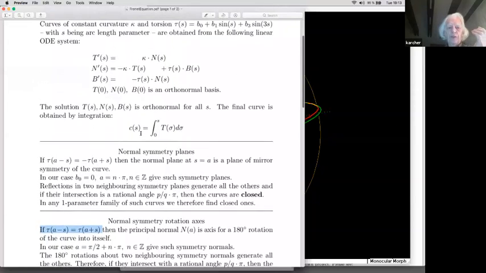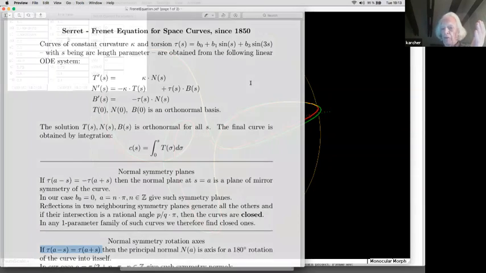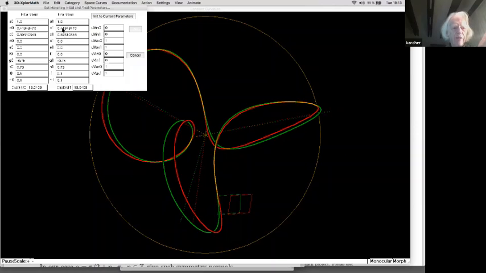So I should show you again. The torsion is this. This is the average value of the torsion, this is the factor of the sine part, and this is the factor of the 3s part. And I'm only changing this parameter now.